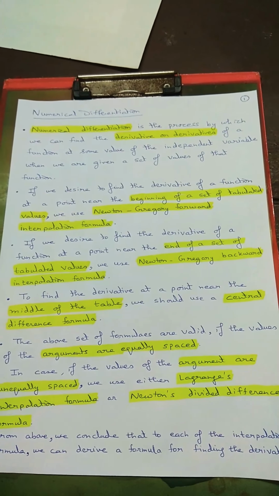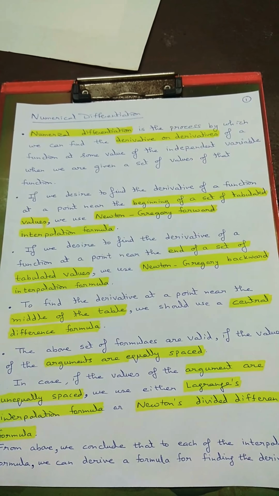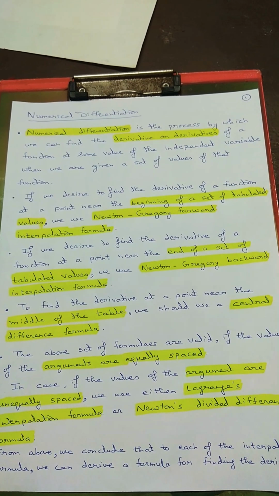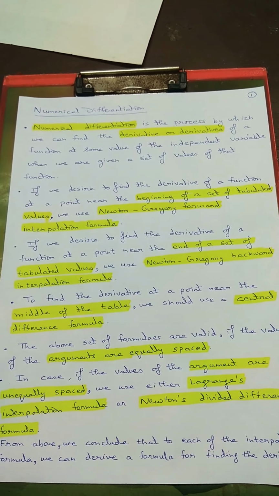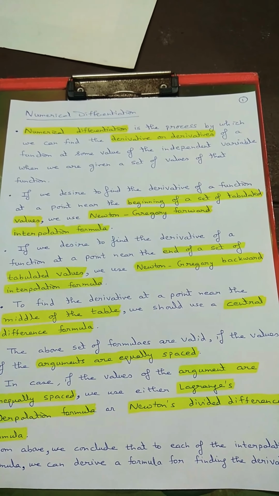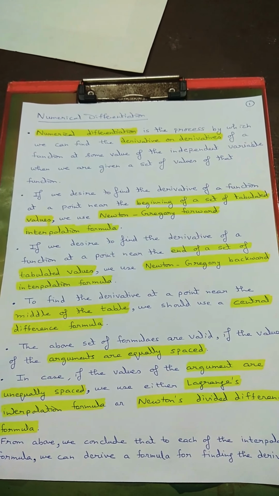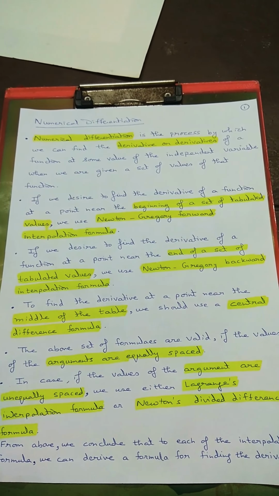To find the derivative at a point near the middle of the table, we should use a central difference formula. The above set of formulas are valid if the values of the arguments are equally spaced.